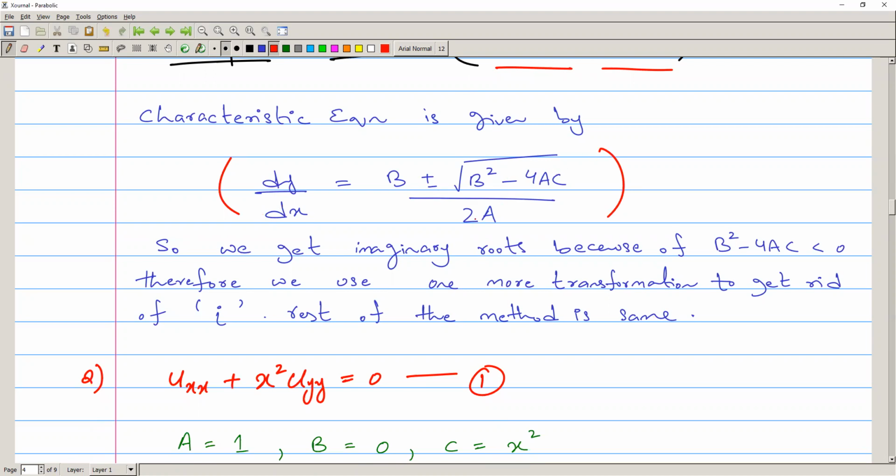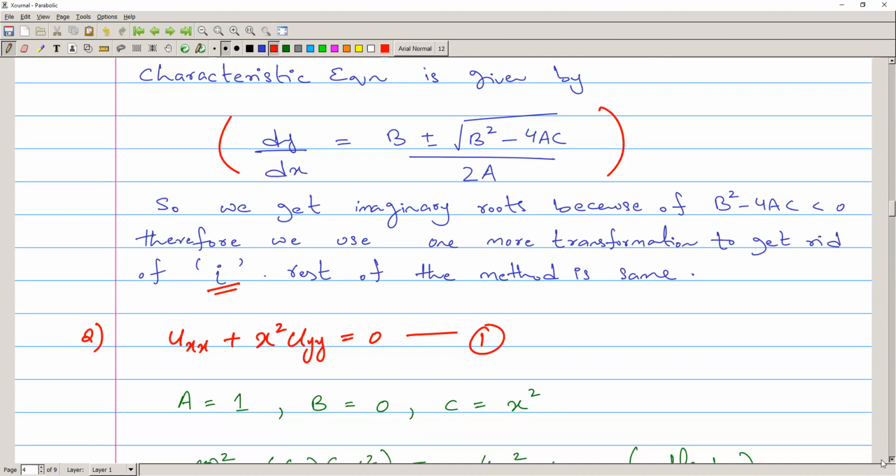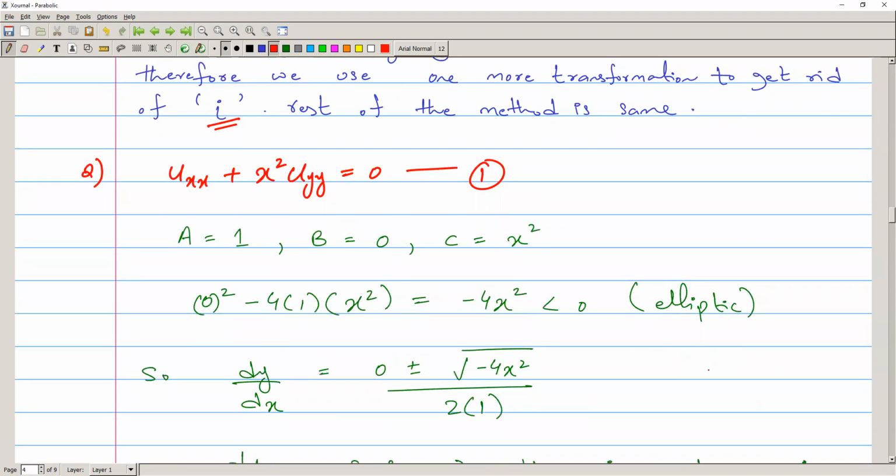In this case, we get imaginary roots because b squared minus 4ac is less than 0. So we use one more transformation to get rid of this imaginary number, iota, and the rest is the same as we did in the parabolic and hyperbolic parts.